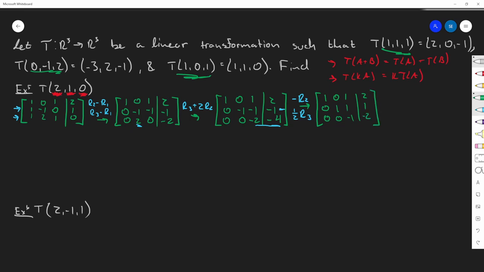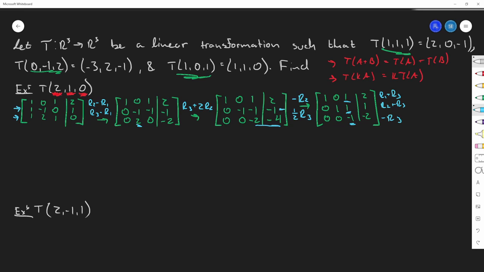Now we can add row 3 to these two to cancel them out, and then multiply this by -1. So our first step is going to be R1 plus R3, and then our second step R1 plus R2, and then our last, not R1, R2 plus R3, there we go, and then -R3.